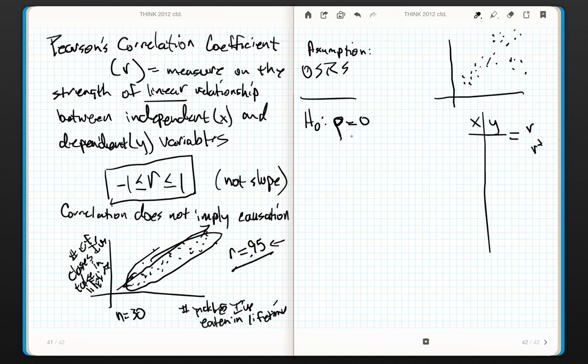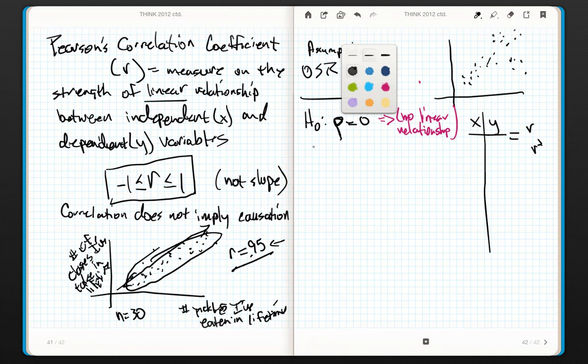Remember, lowercase Greek letters are considered the parameter. So the true population correlation, rho, is going to equal 0. This implies no linear relationship. Versus my alternative hypothesis, which is rho is simply not equal to 0.